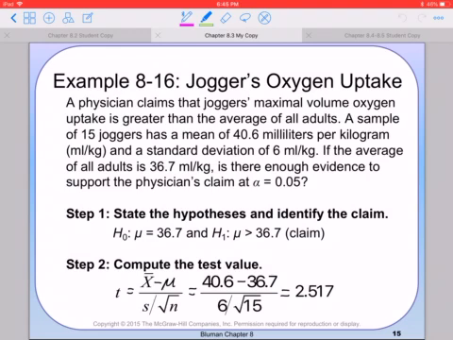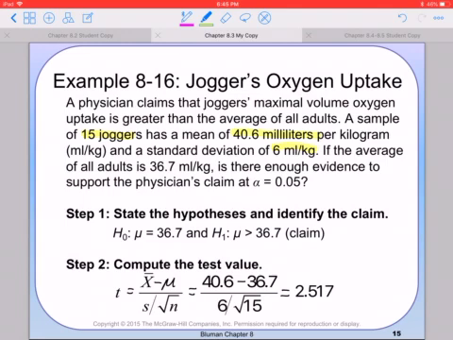It says that a physician claims that joggers' maximal volume oxygen uptake is greater than the average of all adults. A sample of 15 joggers has a mean of 40.6 milliliters per kilogram and a standard deviation of 6 milliliters per kilogram.